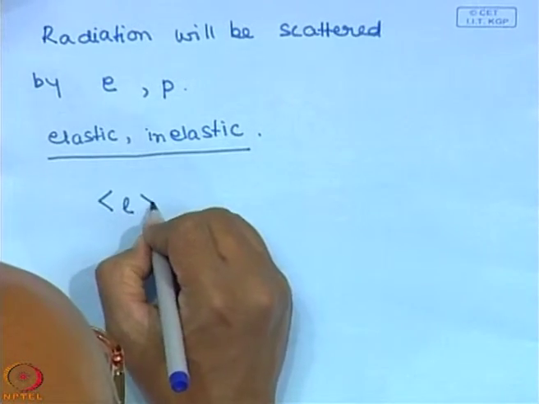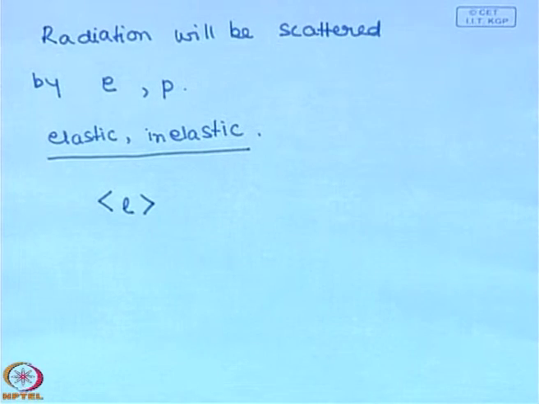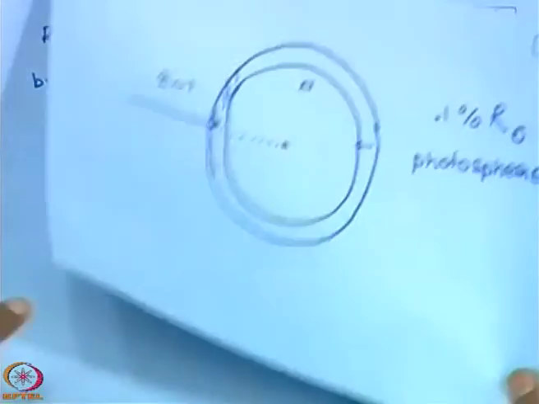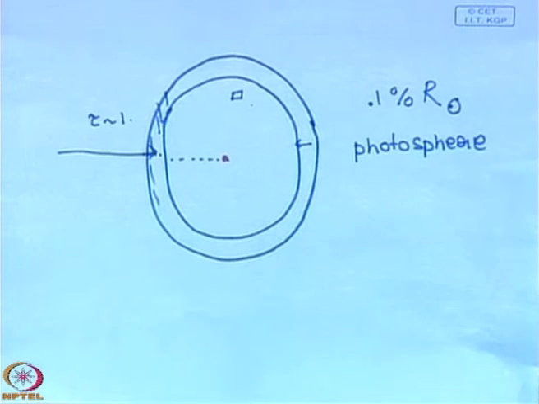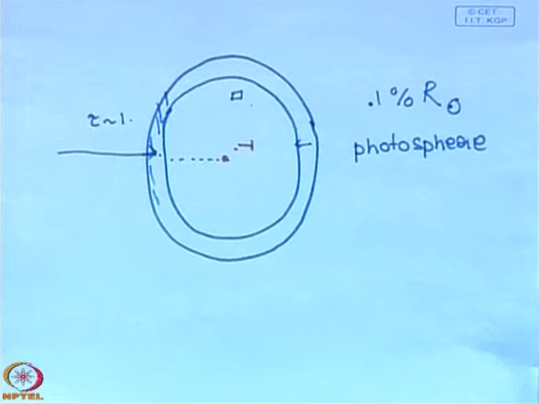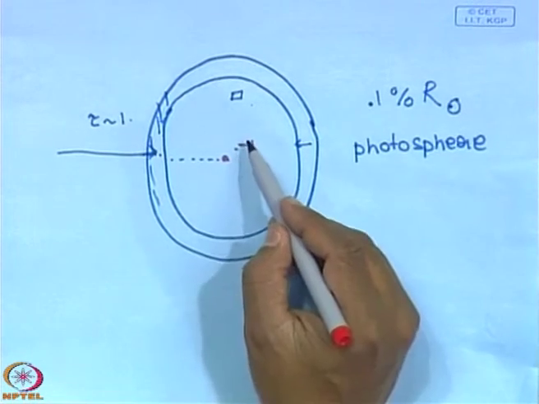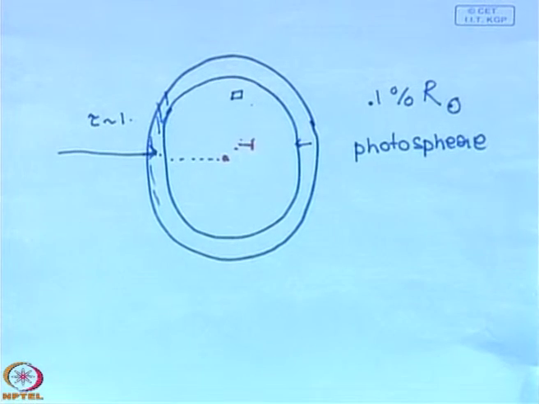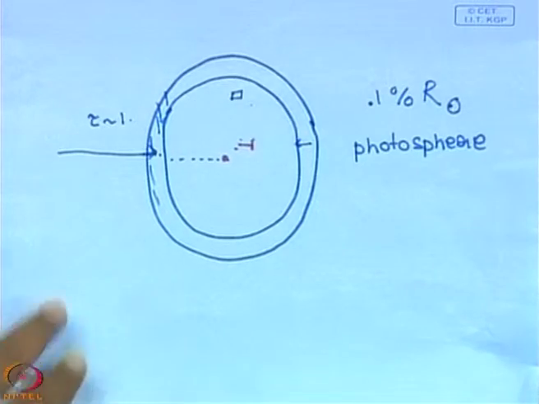So, the mean free path, which we can denote by L, that is the mean distance which the photon propagates freely before it encounters a scattering, before it interacts with the matter, right, is decided by where the optical depth becomes unity. Okay. So, what we have to do is consider a photon which starts off from somewhere and see where the optical depth becomes unity. When the optical depth becomes unity it means it has interacted once, with high probability.